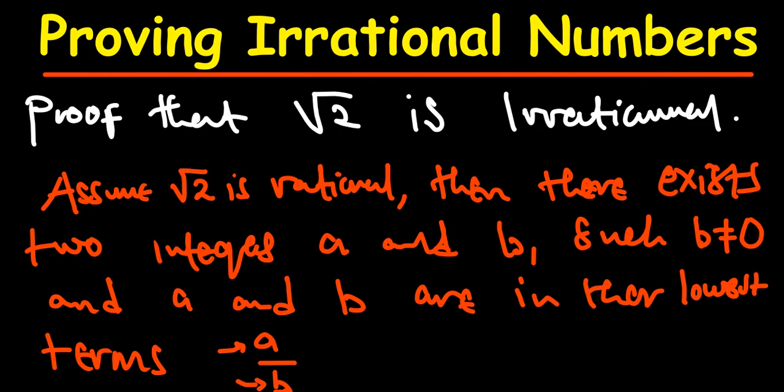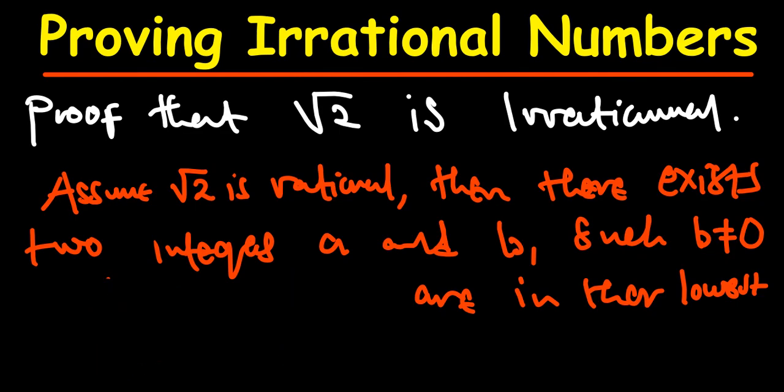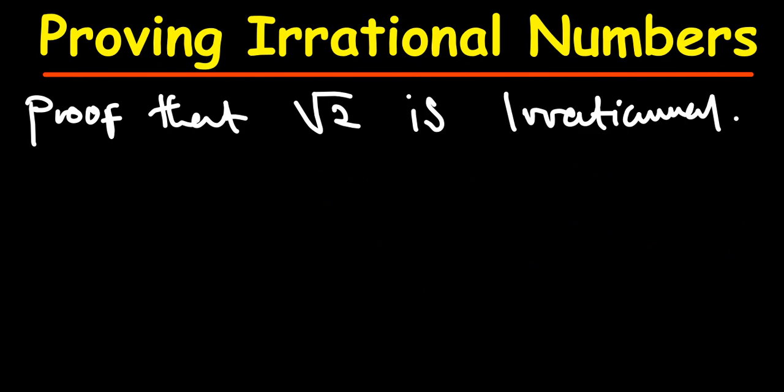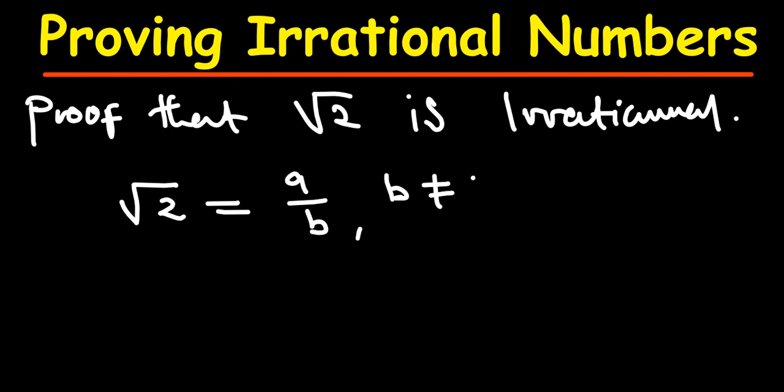This is the first statement that you are going to write in your proof, and then after that we can start our proof. I'm going to erase this. After you write that statement, you're allowed to write root of 2 is equal to a over b. Remember, b cannot be equal to 0, and a and b are in their lowest terms, meaning they do not have a common factor that can go into a and into b.